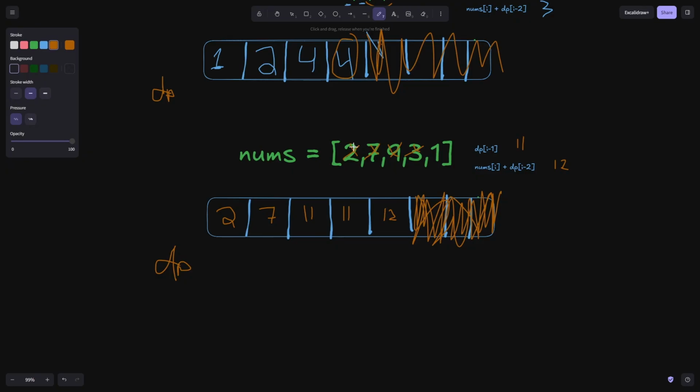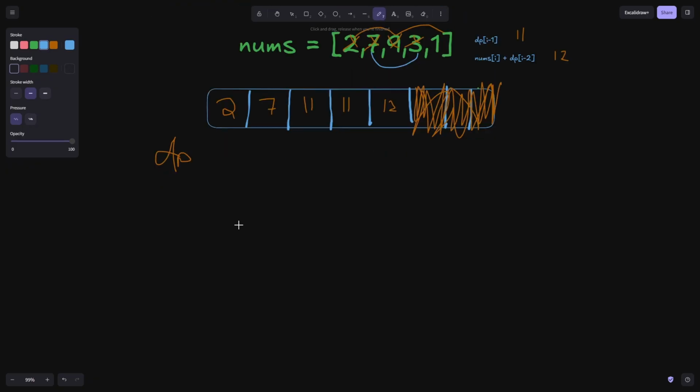Because our path could be like this, which would be 10, 11, 12, or if we had a different set of numbers, like for example if this 7 was a really big number, this path would actually be bigger, right? I'm trying to think.